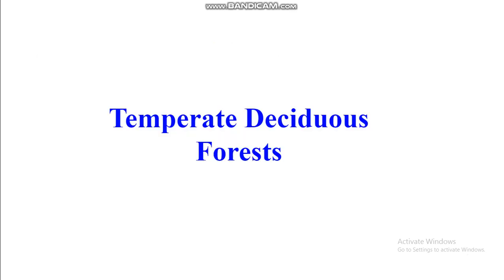Now we will talk about temperate deciduous forest. Temperate deciduous forests are found in the temperate climate zone where there are distinct seasons.